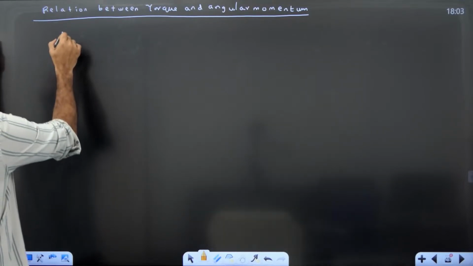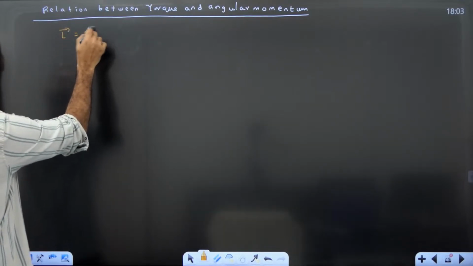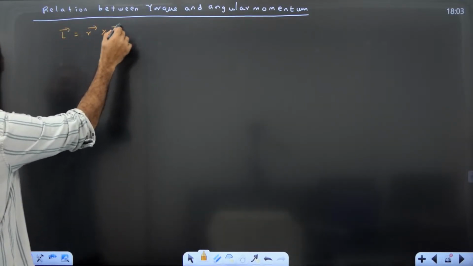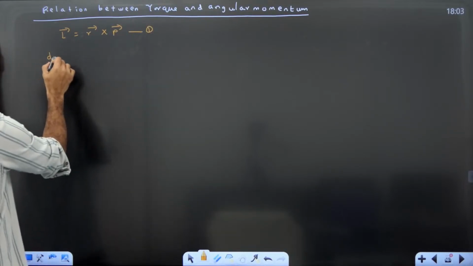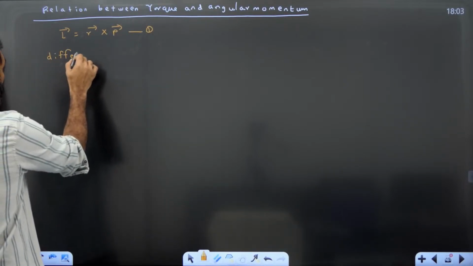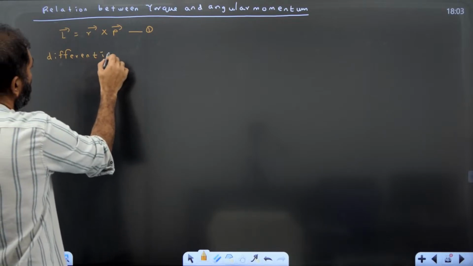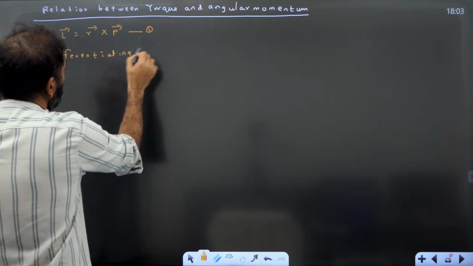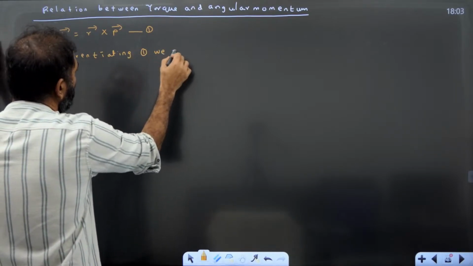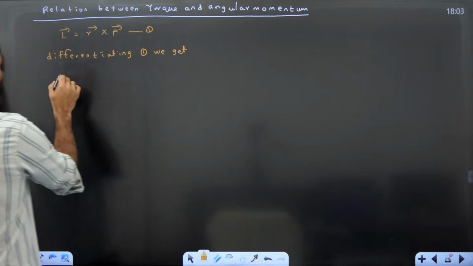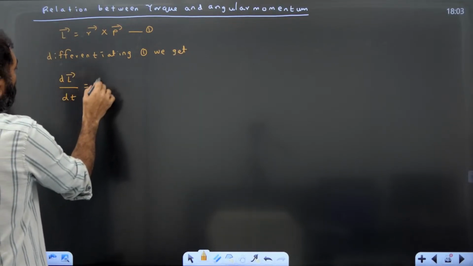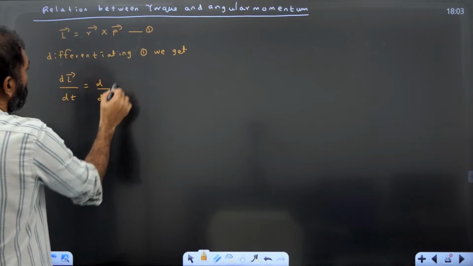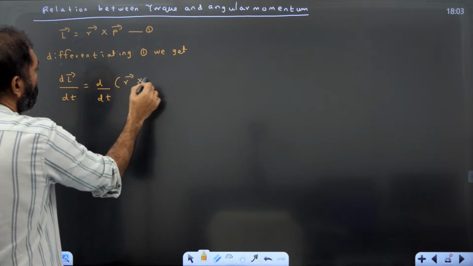Now remember, L vector is equal to R vector cross P vector. So this is equation 1. Differentiating equation 1, we get dL by dt is equal to d by dt of R vector cross P vector.